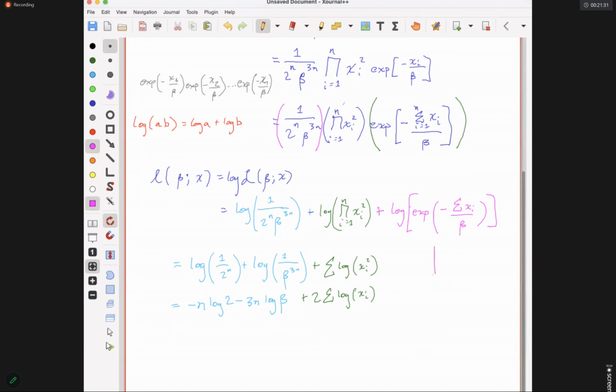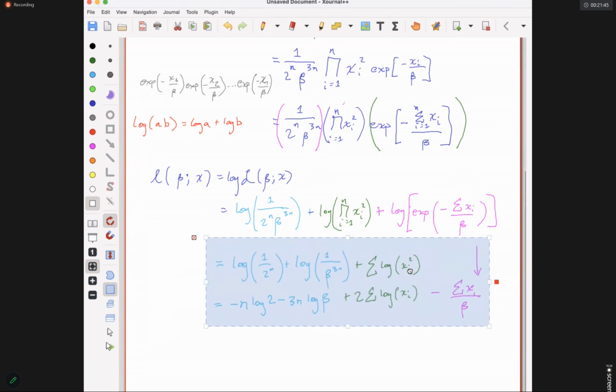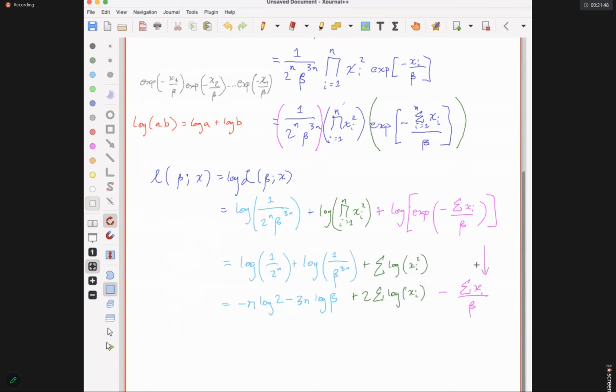So log and exponential are inverses of each other. So those cancel, and I'm just left with the sum of xi's divided by beta. Does that make sense? Exactly. And so this is my log likelihood function.